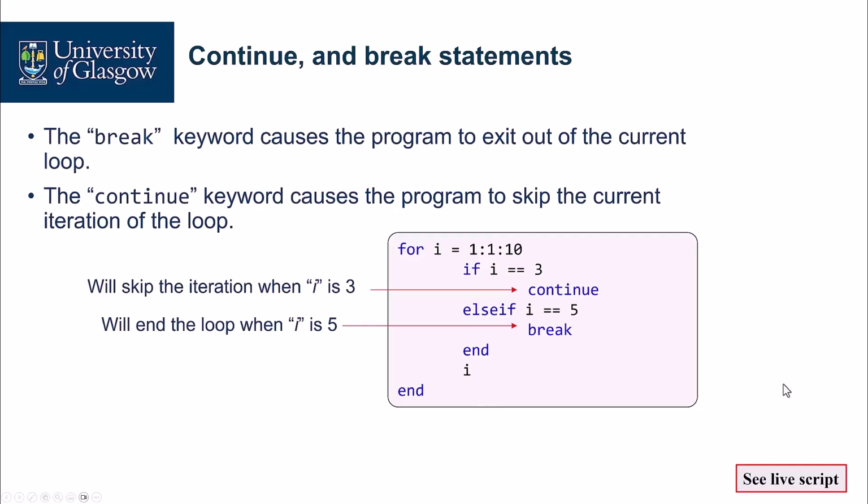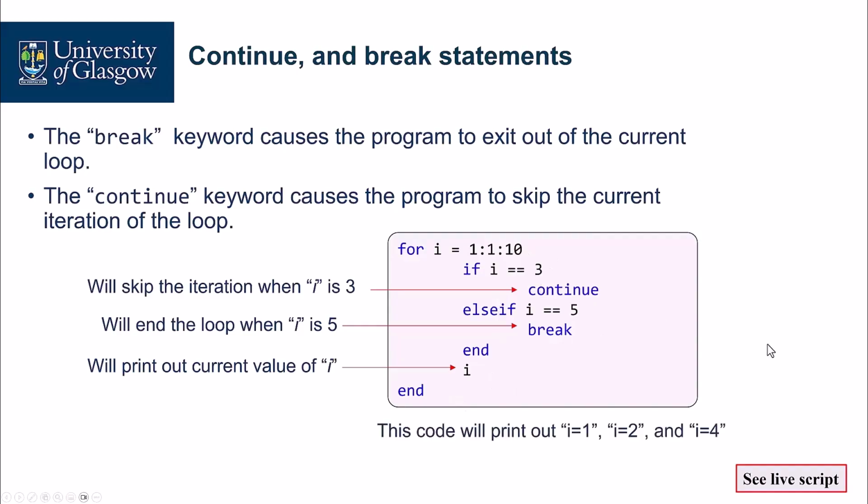So what will be printed out is 1, 2, and then, when we have 3, it is skipped, so 3 won't be printed. 4 will be printed. When it goes to 5, we just go out, this will also not be printed, and the for loop ends. So it will print out i equals 1, 2, and 4.